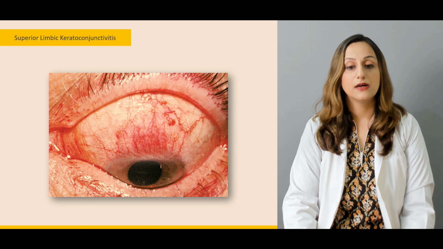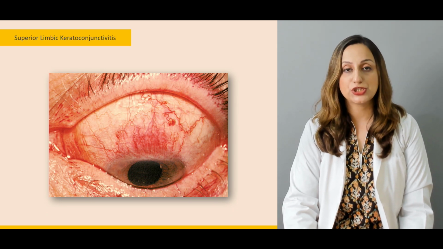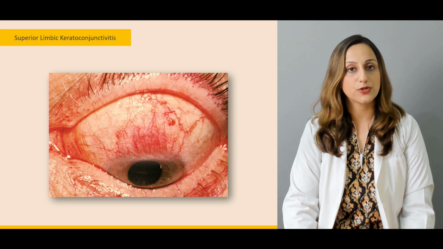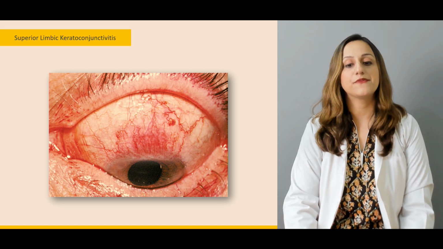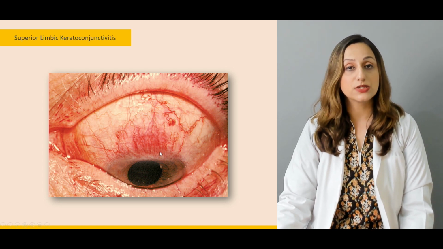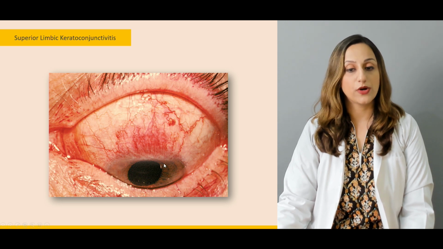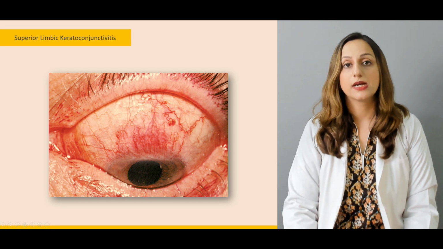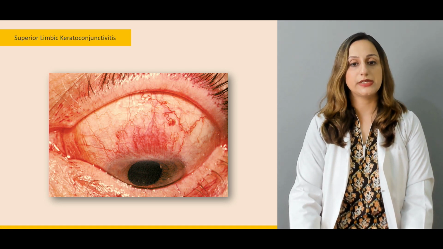And this is a real-life picture from a patient, again showing the superior limbic keratoconjunctivitis, again emphasizing that you're going to observe that the limbus is involved over here. Of course, the cornea is involved, and even the bulbar and the palpebral part of the conjunctiva is also involved in these patients.